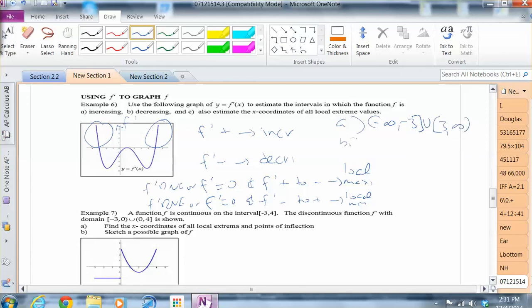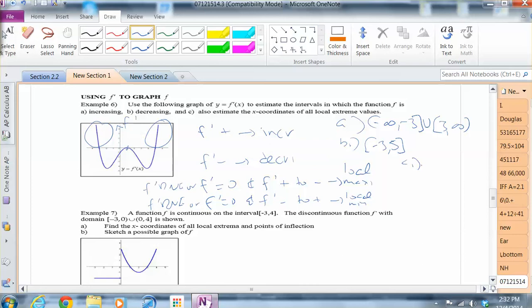For part B, it's going to be decreasing when it's negative. Now you've got to be careful for this one because we do see that the derivative is 0 right there, and we want the derivative to be negative. So we would say from -3 to 5, the function is definitely decreasing. I mean, yes, it is 0 at x equals 1, -3 and 3, but we'll still have that included.